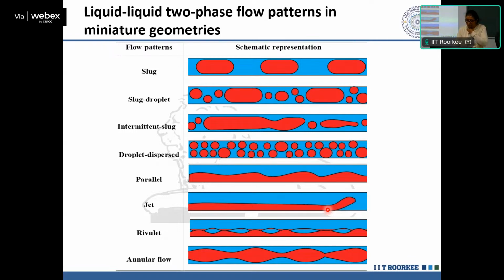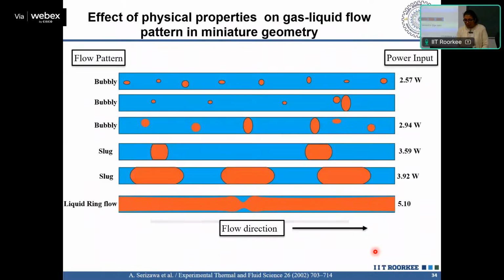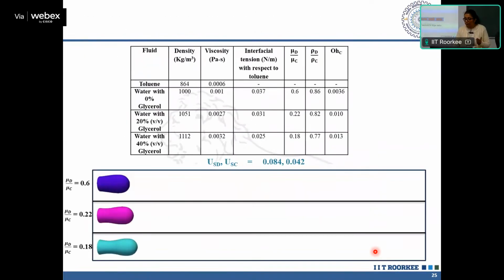Then this is a very interesting one. This is parallel flow. This parallel flow is when you have a special type of inlet where two fluids may be injected. Let me see if I have this one. Yes. Something like this kind of injection pattern can give rise to that parallel flow.